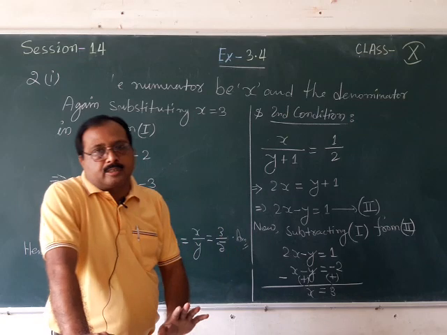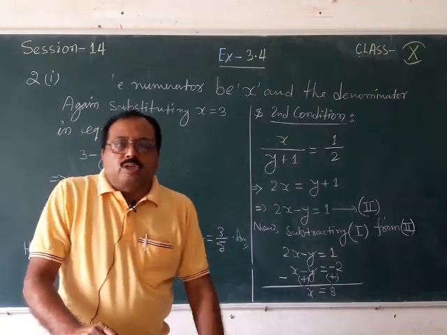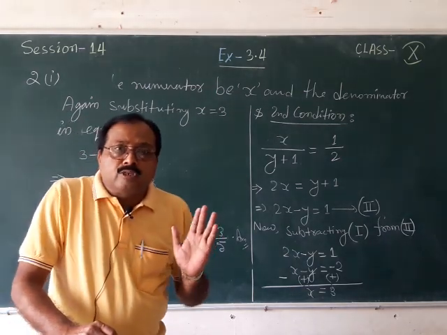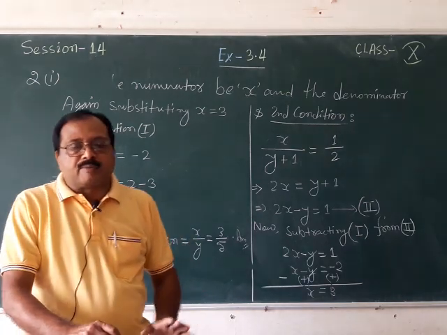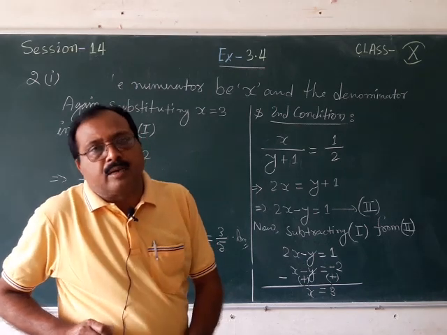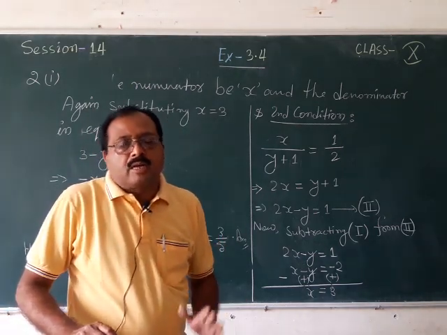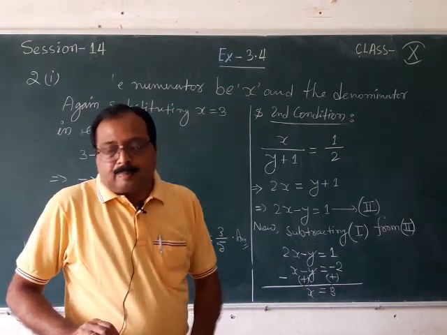That means I have checked first that a1 by a2 does not equal b1 by b2. That means we are having a unique solution in this case. So always check on the rough side whether the solution of the given equation is available or not. If it is available, then only we need to solve, otherwise we need to write that no solution exists.